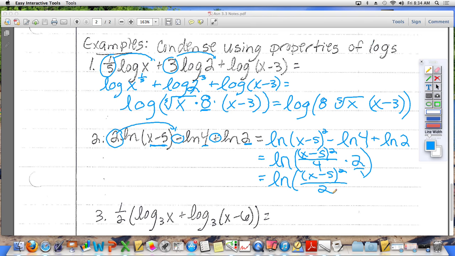Are you okay with the math that I just did? Yep. I reduced the 2 over 4 to 1 over 2. So I have x minus 5 times 1. I didn't put the times 1 there, it's not necessary. And then I have 2 times 1 on the bottom. We have the ln of x minus 5 squared over 2. If you wanted to, you could FOIL the x minus 5 squared, but you can leave it like that too.